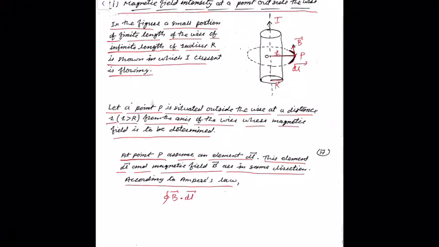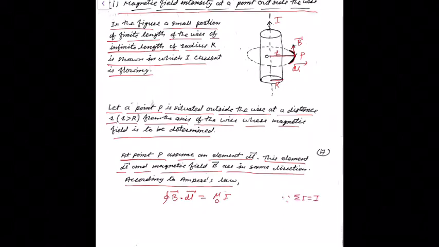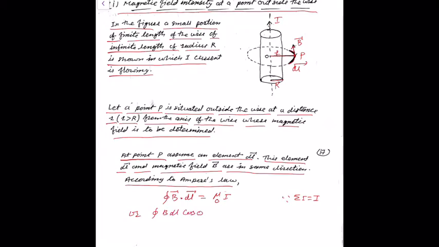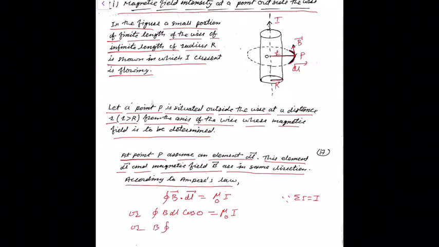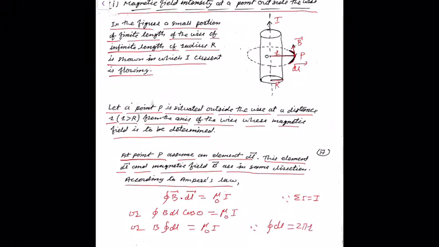line integral of B vector dot dl vector is equal to mu naught I, since summation I is equal to I, or we can write line integral B dl cos 0 is equal to mu naught I, or we can write B line integral dl is equal to mu naught I, since line integral dl is equal to 2 pi r.